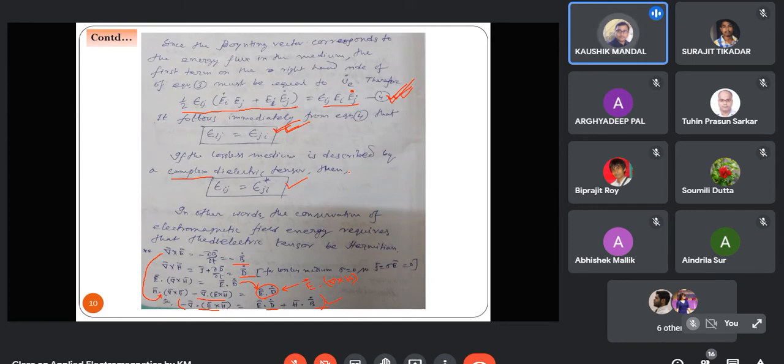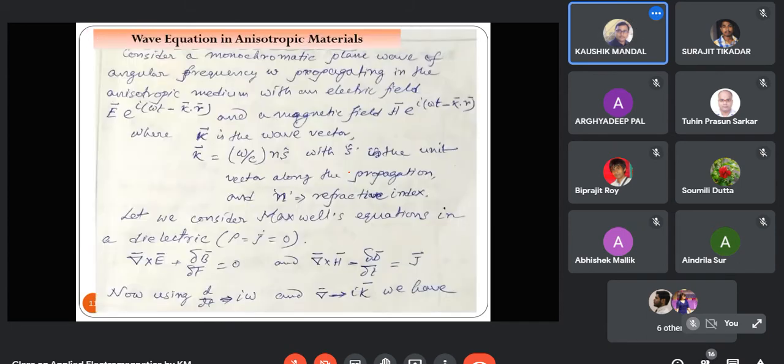Next, with this discussion, we are moving on to derive the wave equations for the propagation of electromagnetic field in anisotropic materials. We are familiar with the wave equation in isotropic materials from the basics of electromagnetic theory of BTech.